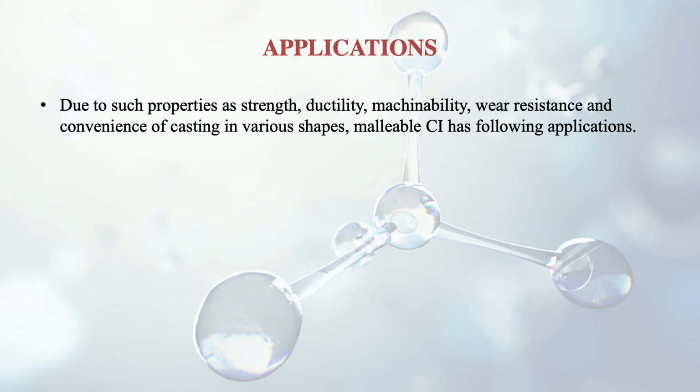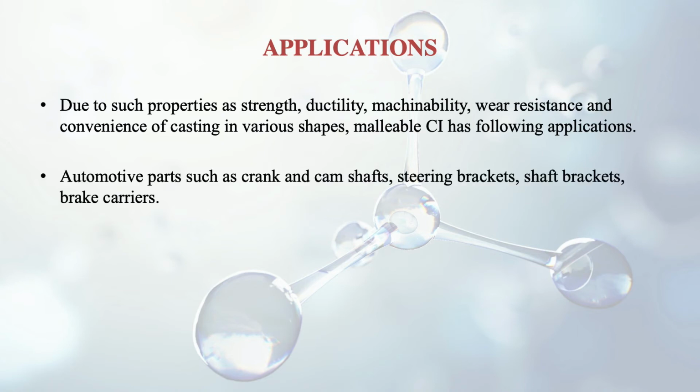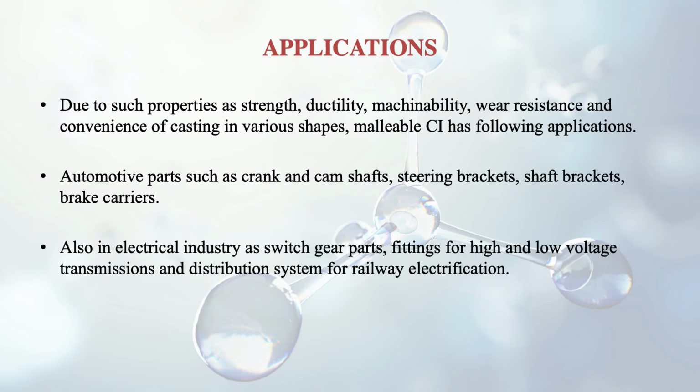The applications are in automotive parts, crank and camshafts, steering brackets, shaft brackets, brake carriers, etc. And also in the electrical industry, in the manufacturing of switch gear parts, and fittings for high and low voltage transmission and distribution systems for railway electrification. So this type of malleable cast iron is also very useful.